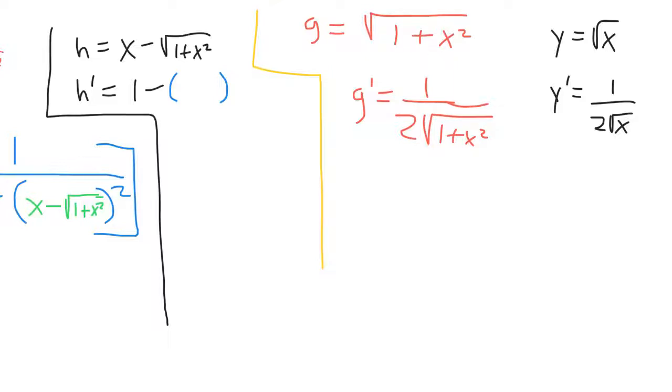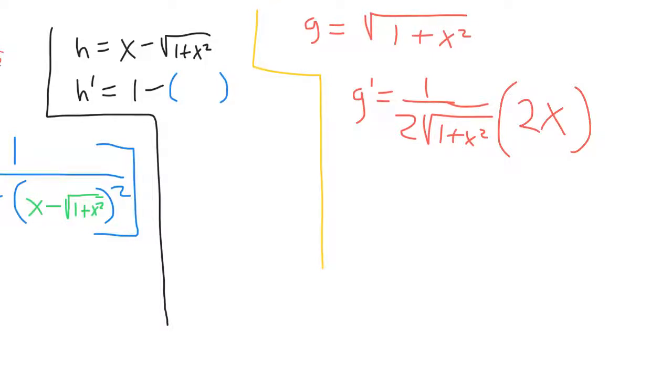So we have to do the additional step of multiplying this whole thing by the derivative of the mutant itself. And the mutant itself is 1 plus x squared.